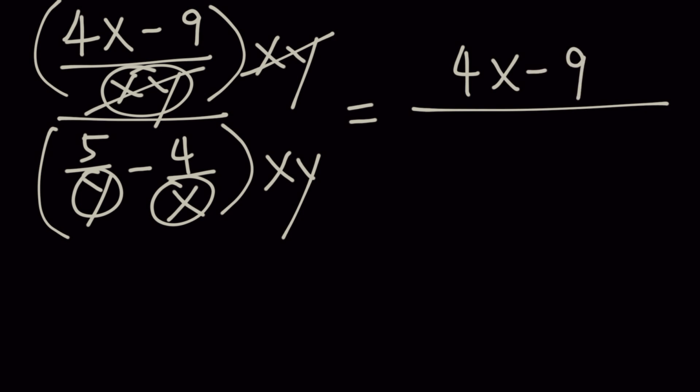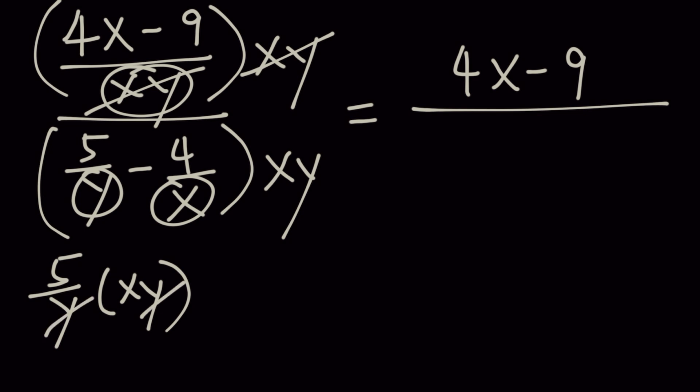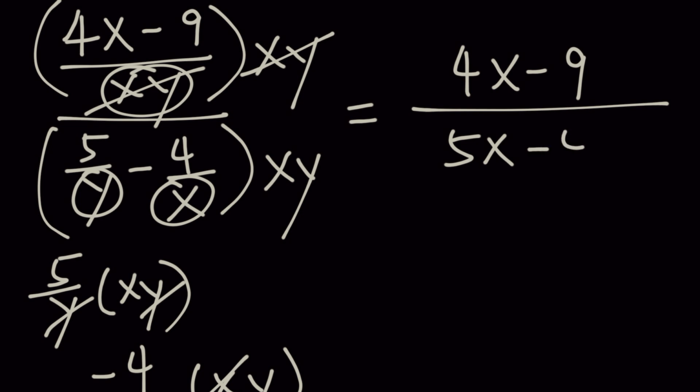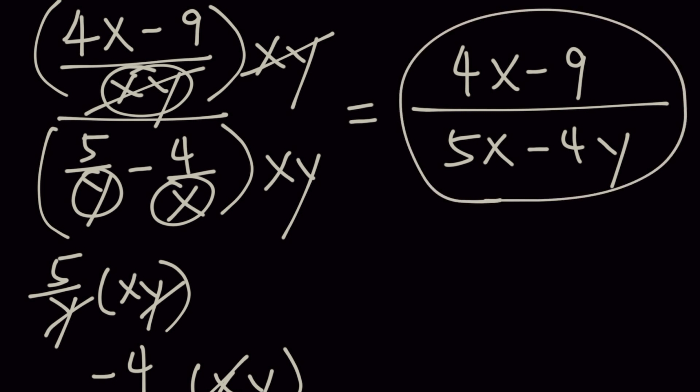For the bottom portion, we have two different denominators, so we're going to multiply them separately. 5 over y multiplied by xy. And so y crosses out, we leave with 5x. The second portion, we have negative 4 over x multiplied by xy. Crosses out the x, we're ending with negative 4y. And that's the answer for this one.